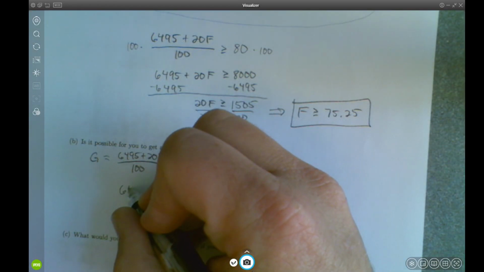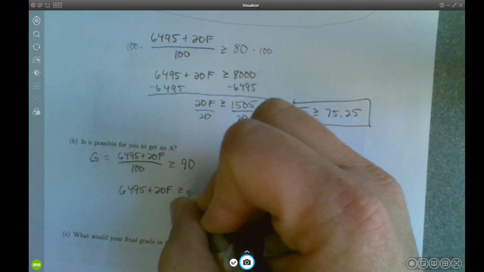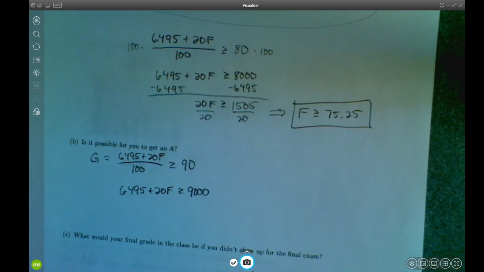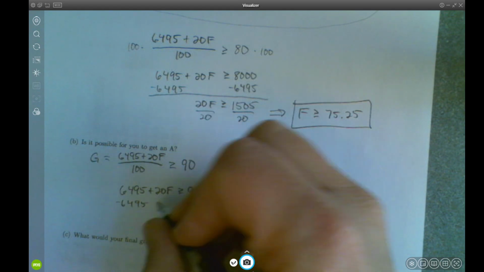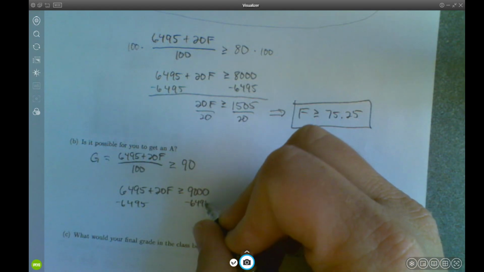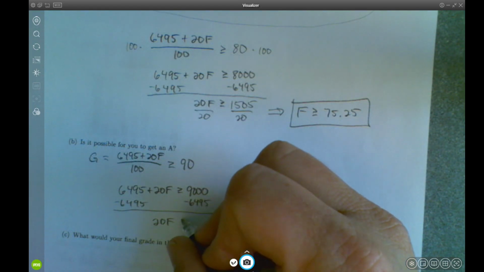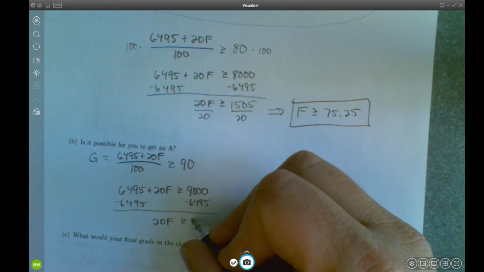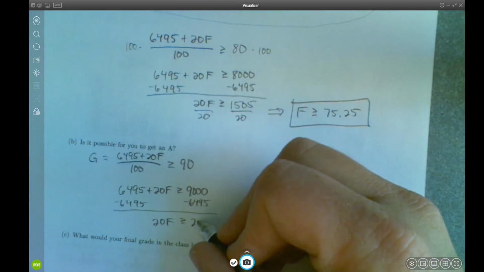So I can solve this one as well. We would need 6495 plus 20f to be bigger than or equal to 9,000. Then we would subtract the 6495 from both sides, just like before. And we would need 20 times f to be at least 2505.